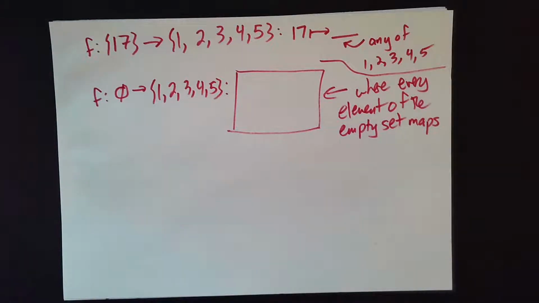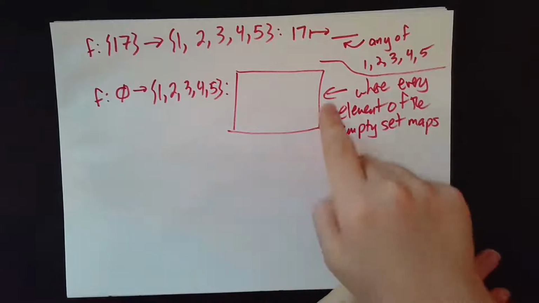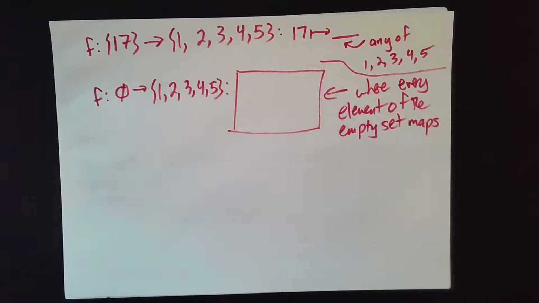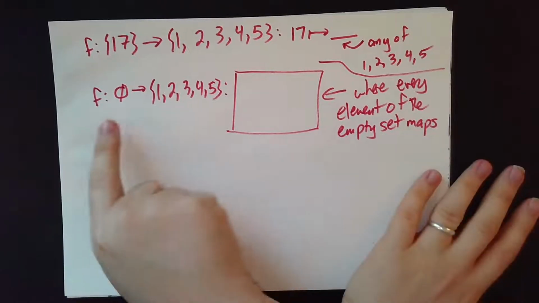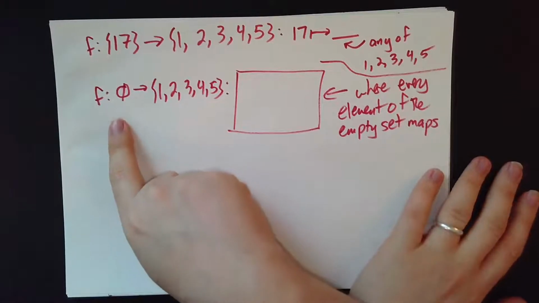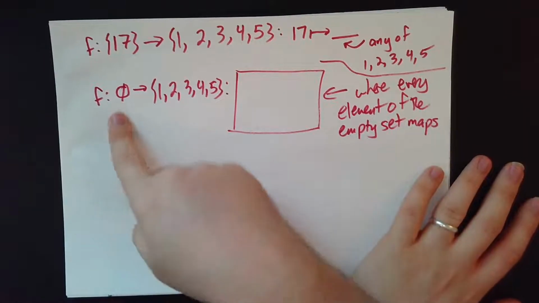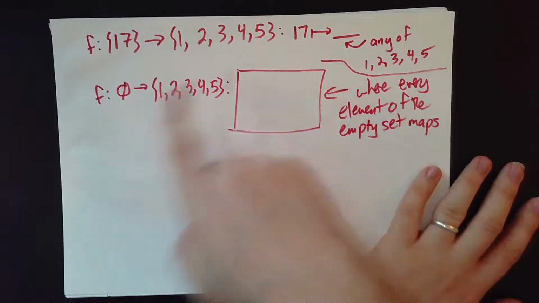Now, it's a little weird that this box has described something about every element of the empty set, even though it's empty, but that's kind of the whole point of the empty set, is that there isn't anything in it. So if I want to describe something for every element of the empty set, I'm done as soon as I've written nothing.